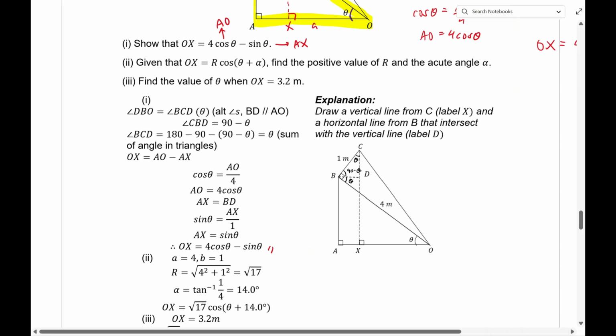Now part 2. Given that OX equals R cosine of (theta plus alpha), find the positive value of R and the acute angle of alpha. So unlike the previous question, since our cosine already came first in our expression for OX, we don't have to rearrange the equation anymore.